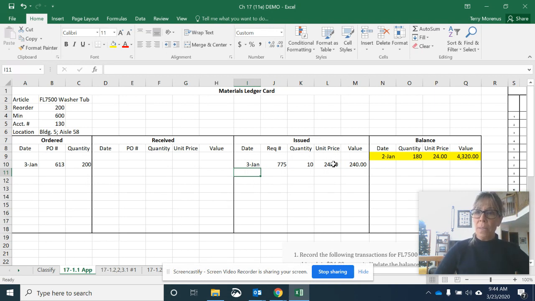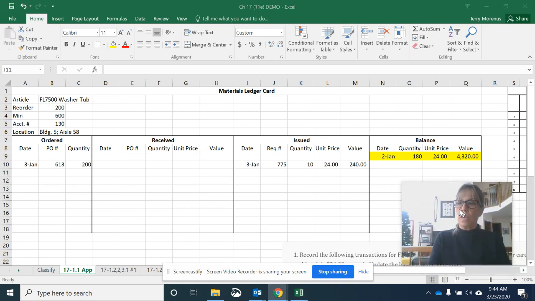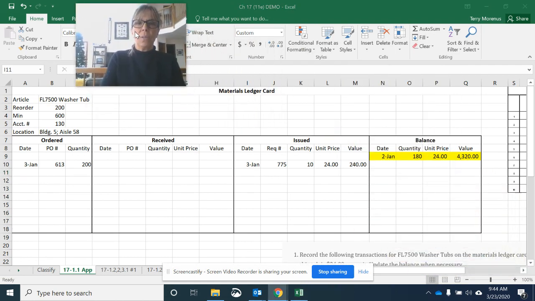Now, what's important to do is to update your balance. So it's a January 3rd update. And we had 180. We have not received the 200 yet. So we're going to subtract from the 180 the 10 that have been removed from the warehouse into production.